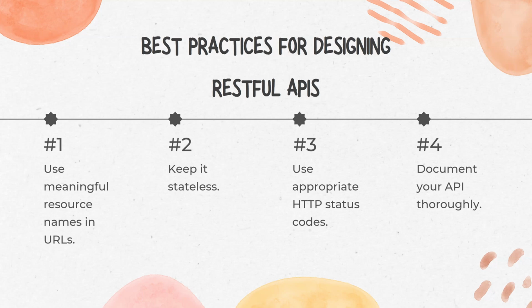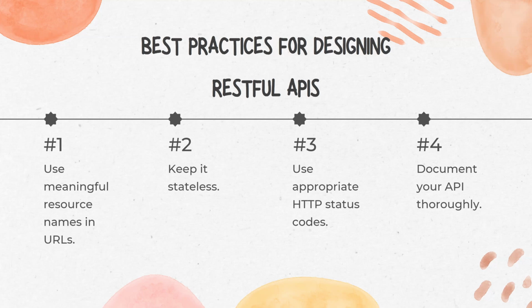Instead of something generic, use descriptive names that reflect the resource you are interacting with. The second point is to keep it stateless. As we mentioned earlier, make sure each request from the client contains all the information that the server needs to process it.